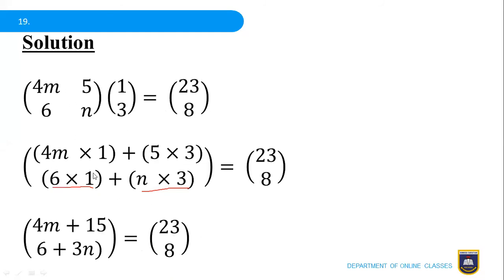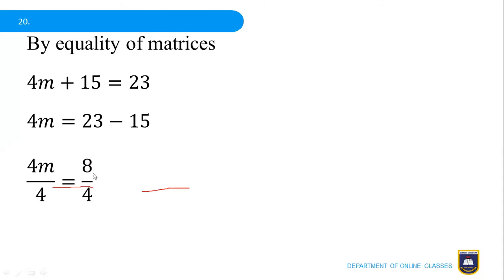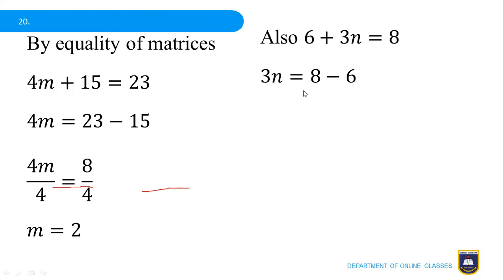Now, by equality of matrices, we can say that 4m plus 15 equals 23, so that 4m will now be equal to 23 minus 15, and that gives you 4m equal to 8. Since we want to solve for m, we divide through by 4, and that will give us m equal to 2. Now, we can also say that 6 plus 3n equals 8, so that 3n will now be equal to 8 minus 6, by grouping like terms.